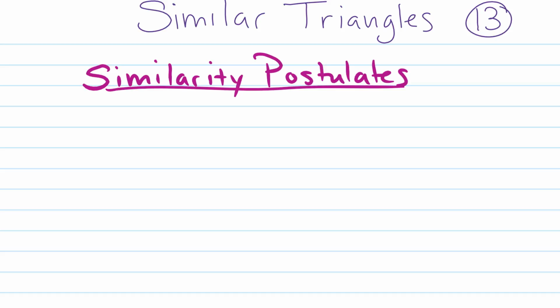Two triangles that are congruent, are they also similar? Yes. So do you think if I'm looking for similarity postulates, I can include all of the congruence postulates to prove similarity?